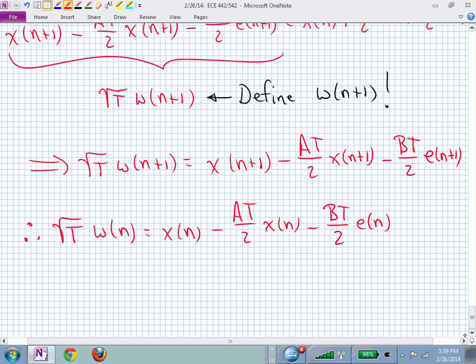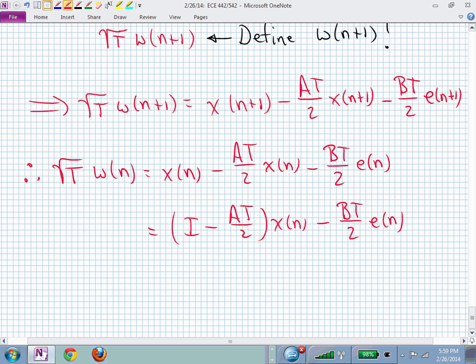And I can clean this up a little bit. I can call this I minus at over 2 x of n minus bt over 2 e of n. And again, that's just square root of t times w of n.